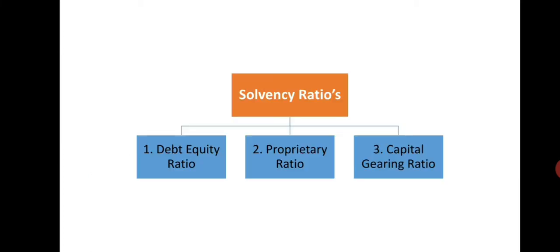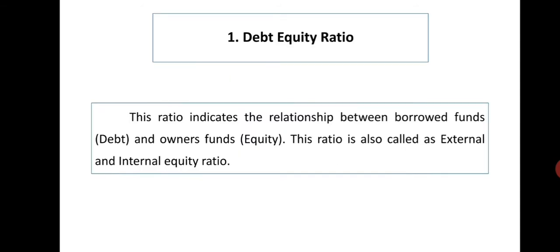Now there are three important long-term ratios. So which are those three? First one is debt equity ratio, second one is proprietary ratio, and third one is capital gearing ratio. Debt equity ratio. So what is debt equity ratio and what does it actually indicate? This debt equity ratio indicates the relationship between borrowed funds, that is debt capital, and owner's fund, that is equity.